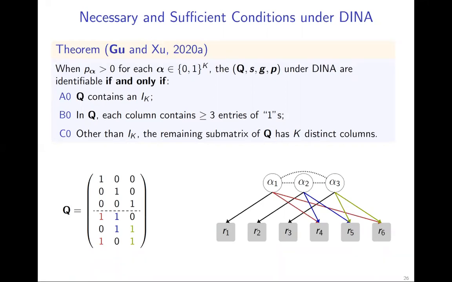vectors. So this can be intuitively understood as, other than those pure items that only measure some single scales, the remaining items in the test should have enough variability to tell the K scales apart in these K distinct columns.